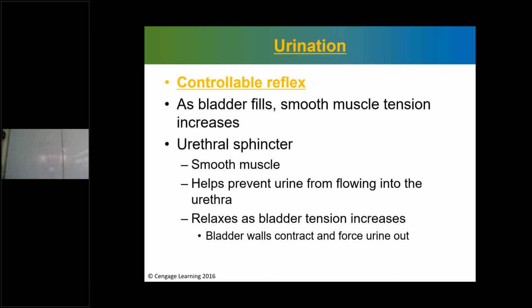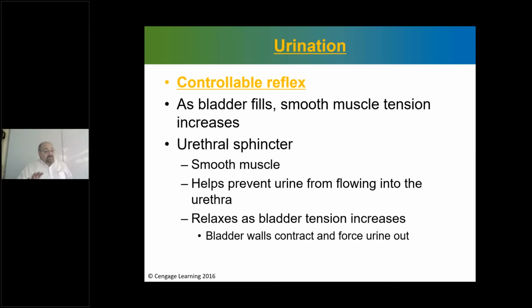You'll see here that there's a sphincter. Remember we talked about in the digestive system, sphincters are just smooth muscle. I can't control it, although there's an external sphincter for voiding as well as defecation that I can control, right?